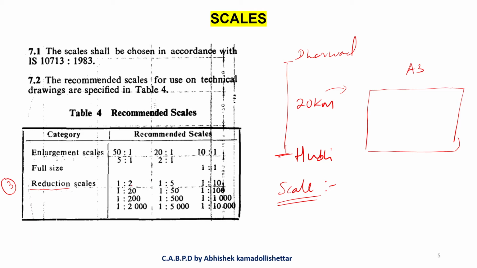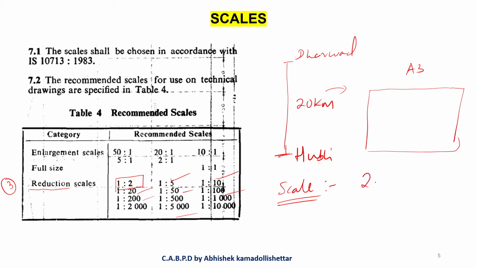Some people know it, but some people need to understand reduction scale. When you see such scales like 1:2, 1:5, 1:10, 1:20, 1:50, 1:100, 1:200, and so on, it means the entire length of this 20 kilometers will be converted depending on the scale you choose.